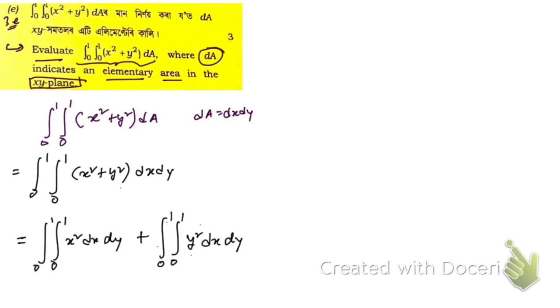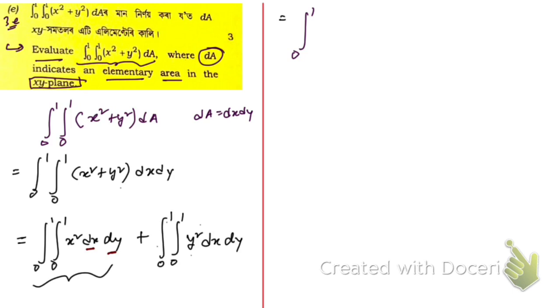Now let me write here, take this part first. Here we have dx and dy. This is a function of x, so we can write this integral this way: integration 0 to 1 x square dx and integration 0 to 1 dy, right?